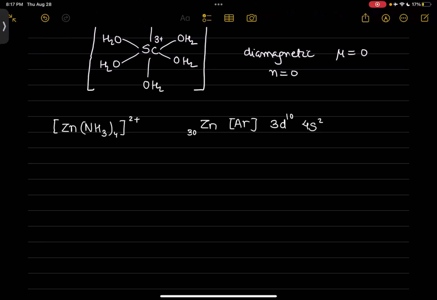In the complex, we have zinc 2 plus. So we need to remove 2 electrons to make zinc 2 plus, because the zinc in the complex has +2 charge. So we are going to write it as argon 3d10 4s0.